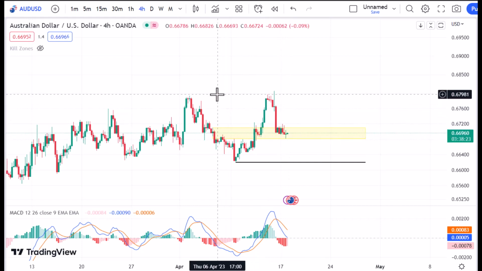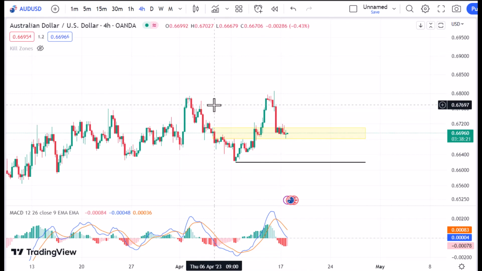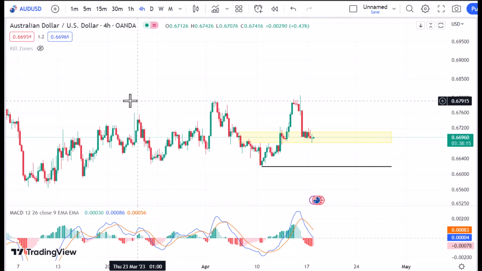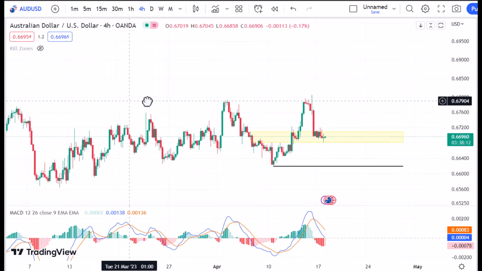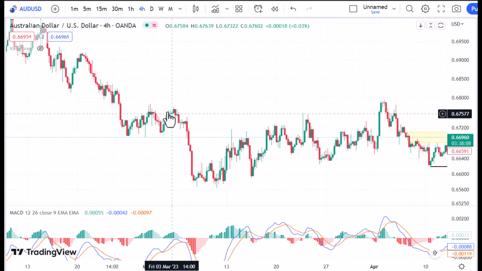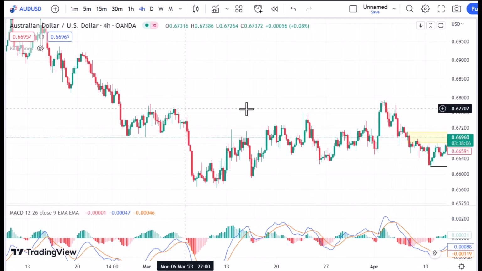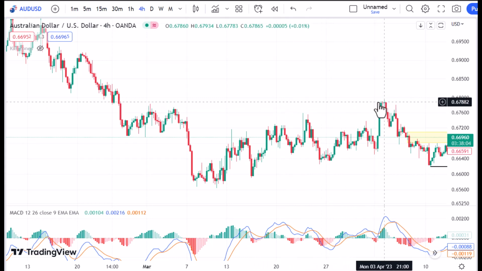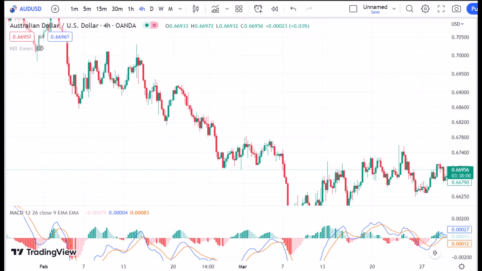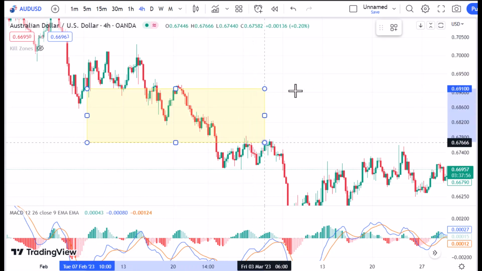So we have to find a higher TP, because the market has already taken these highs, so these don't have any power anymore. So we have to go to the past so we can find new TPs. The previous movement to the downside in the market was here, and this is also taken like this one. So the previous one will be here. I see a really strong resistance right in the way of price here.